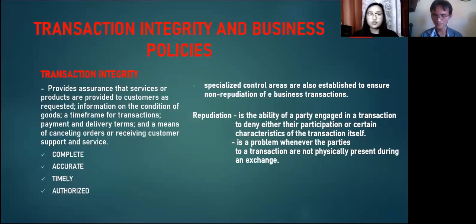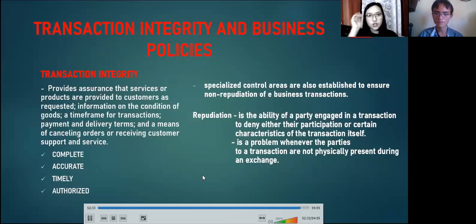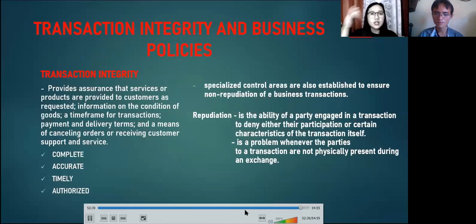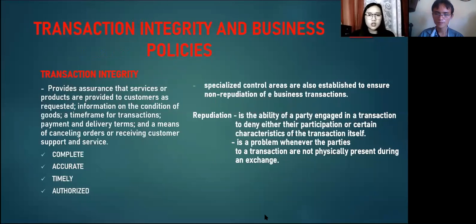Also, specialized control areas are established to ensure the non-repudiation of e-business transactions. Repudiation is the ability of a party engaged in a transaction to deny either their participation or certain characteristics of the transaction itself, and it is a problem whenever the parties to a transaction are not physically present during an exchange.